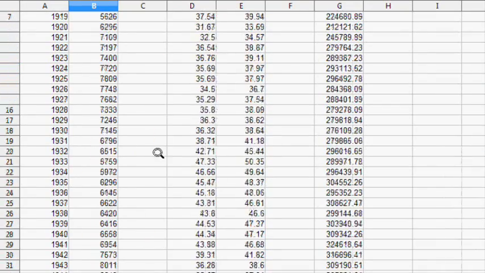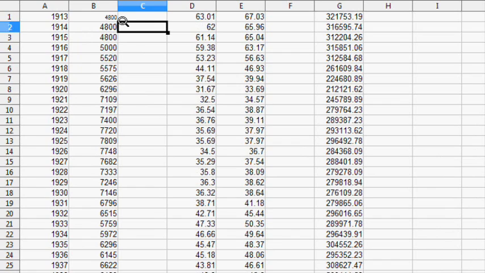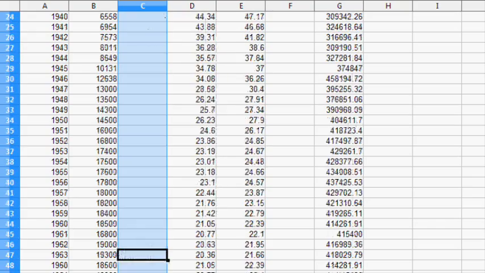Now, as far as the house is concerned, we'll take this 4,800, multiply a percent, and add 4,800, and we'll put in, say, 3%. Do the same sort of formula that we did before. And we'll see if a house is inflated more or less than 3% per year.